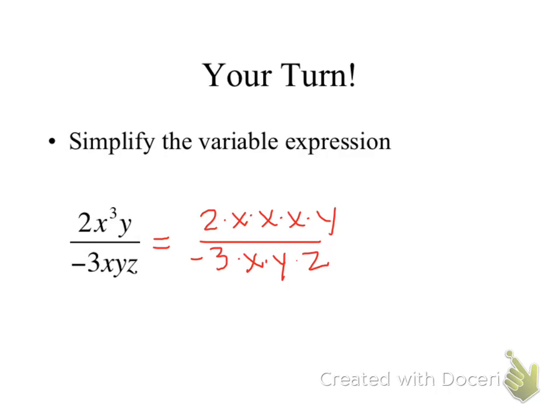I'll change colors here, and then I'll cancel out factors equal to 1. Only one of the x's cancel out, and then the y cancels out. So what we're left with is 2 times x, 2x squared, over negative 3z.